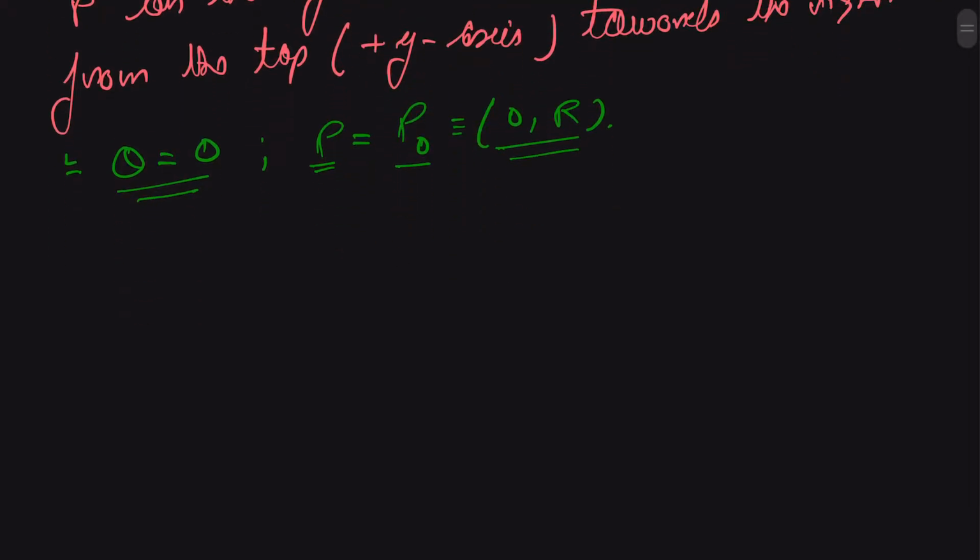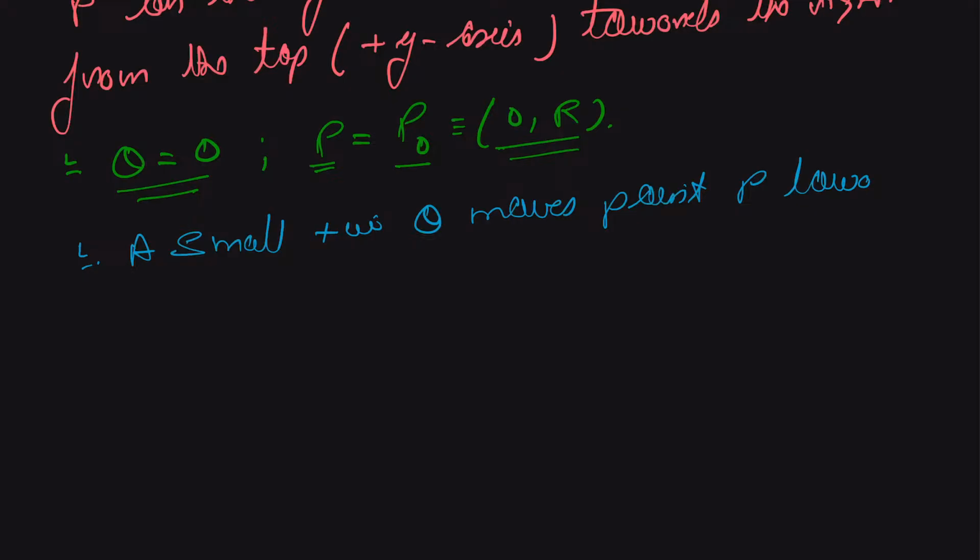And a small positive theta moves point P slightly to the right, or we can say clockwise around the cylinder.